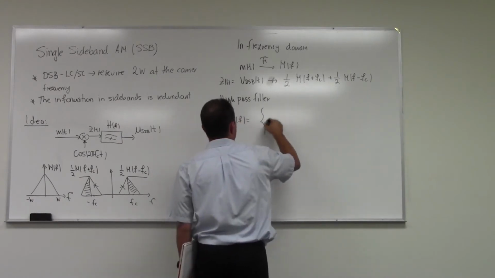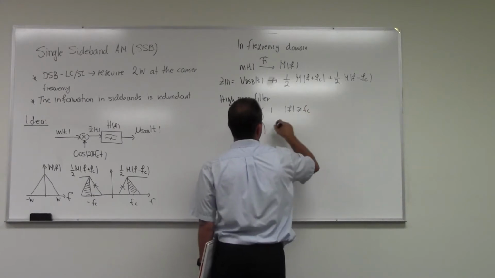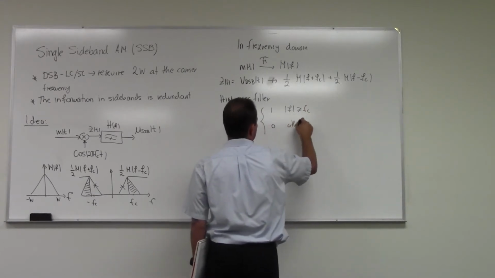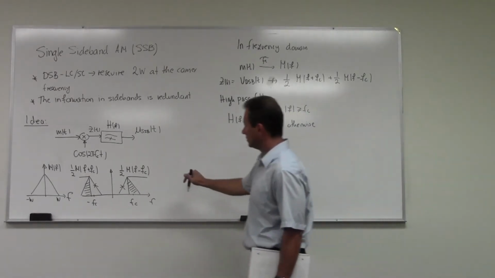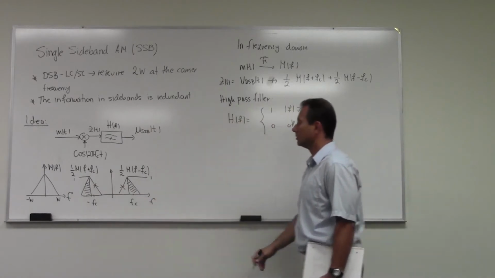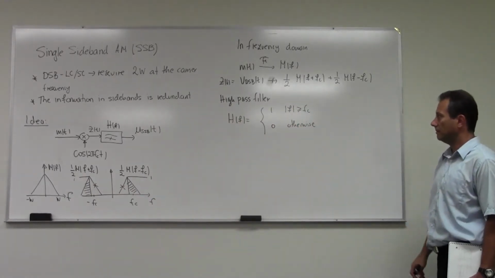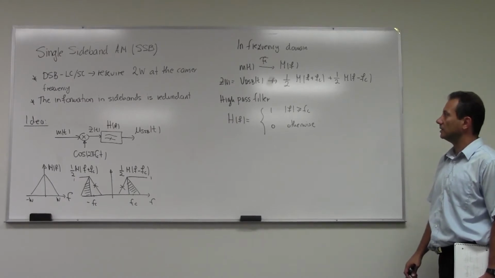It is going to be 1 whenever f is greater than or equal to fc, and 0 otherwise. Right? That's what we require, because this is equal to 1, and this is equal to 0 because we're trying to reject the lower sideband of this particular signal.